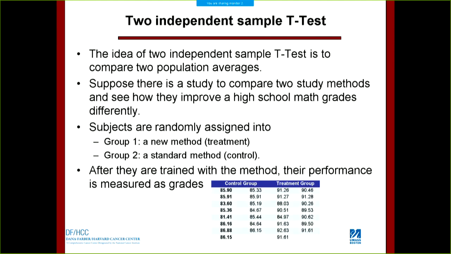Now, I will begin with a very simple example, a randomized controlled experiment design with two groups. The idea is to compare new methods for improving math grades. Subjects are randomly assigned into two groups. One is the treatment group, with the new method, or sometimes a new drug, and the control group is the placebo group, or ordinary training group.